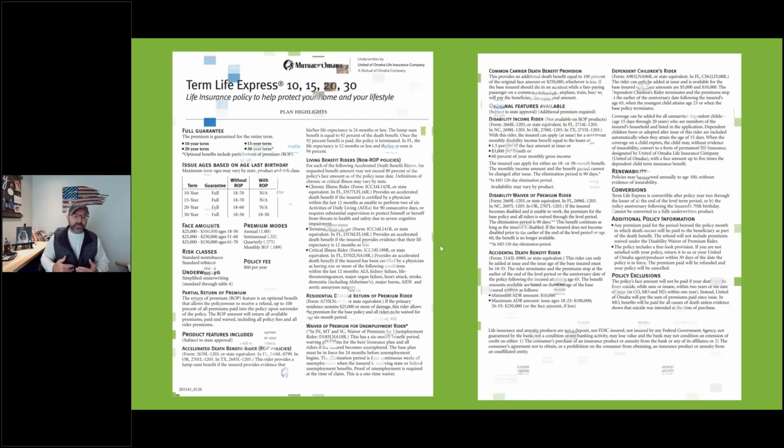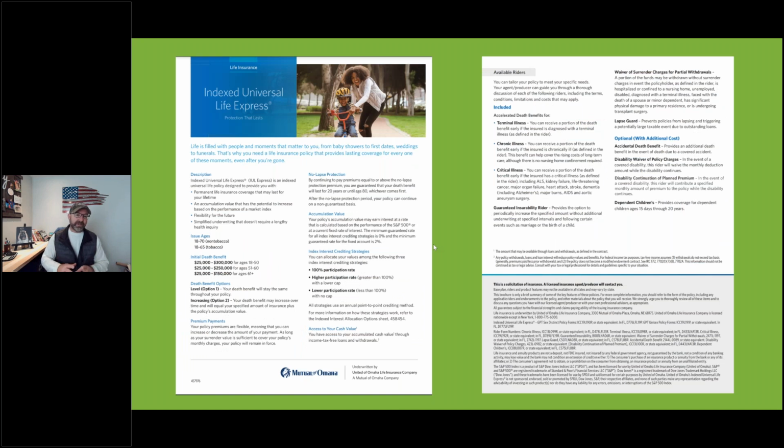The highlights for the Index Universal Life are very similar. Same issue ages. You can go all the way down to age 18, all the way to age 70 as an issue age. One of the little niches that I have found, Michael, on the IUL Express is when you have those clients, what we would normally consider in the age bracket of final expense clients, they're in their late 50s or 60s, but they're in really good health.